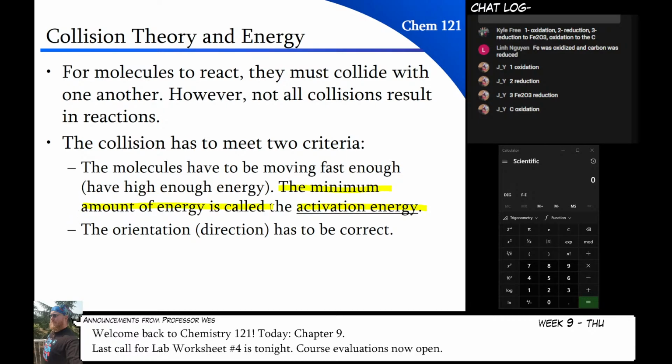For example, if you strike a match, the friction from the match head provides energy, which then causes it to react with oxygen in the air and then ignite on fire. The activation energy for the match is you striking it. You have to provide enough energy for the reaction to occur.